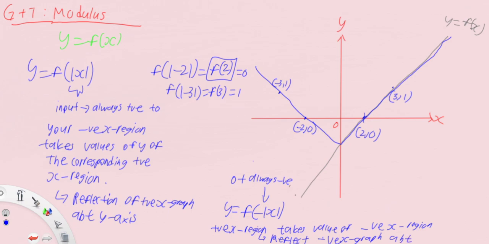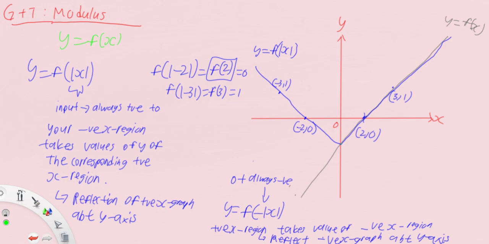Again, it's still the same thing, but now we reflect the negative x graph about the y-axis. So just to give you an example, let me use green. Let's say we use the same graph. Okay, let me just label the y equals f(|x|) first. So now we have y equals f(-|x|). We are now looking at the negative side, because all your inputs are negative.